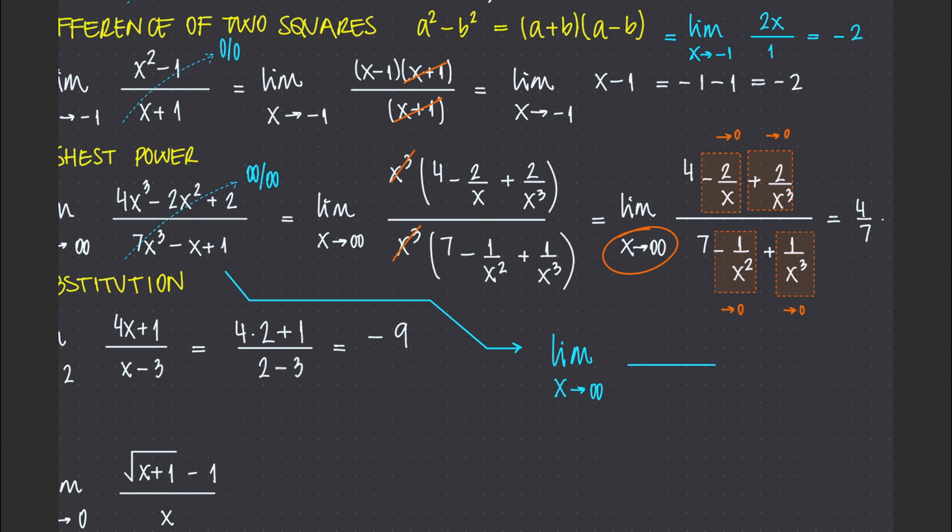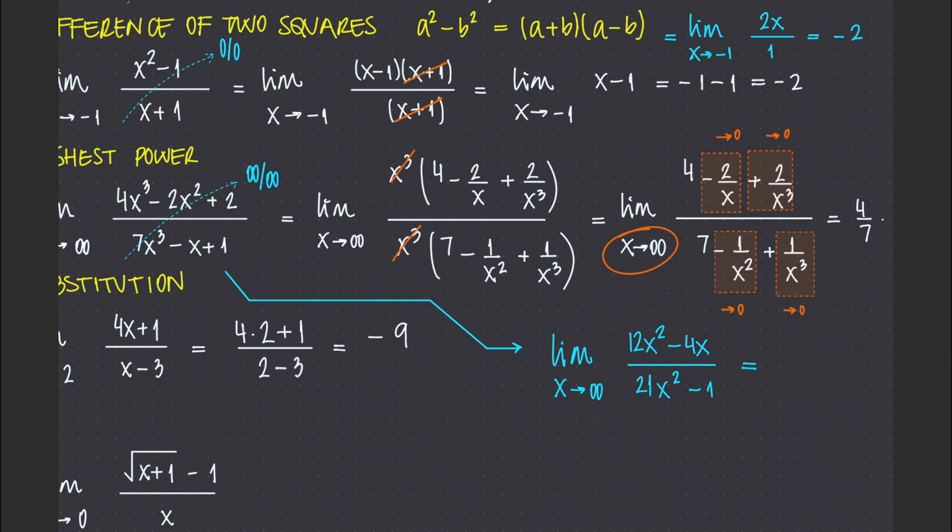And the answer for that is you use L'Hopital's rule as long as it makes sense. So as long as you still have infinity over infinity or 0 over 0, which is not the case for this specific limit. So let's apply L'Hopital multiple times. We have the derivative of 4x cubed minus 2x squared plus 2, which is 12x squared minus 4x over 21x squared minus 1.